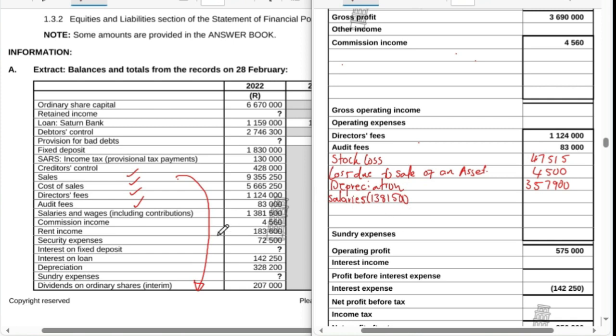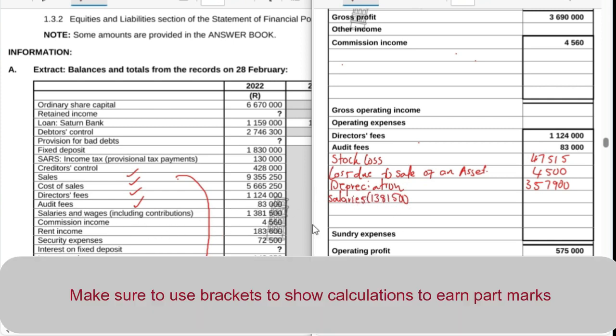And the most important thing, guys, that you need to do is that you need to show workings, you need to show opening balances, so that you can get what? Part marks. So salaries and wages, they are how much? 1,381,500, and then we showed that amount.